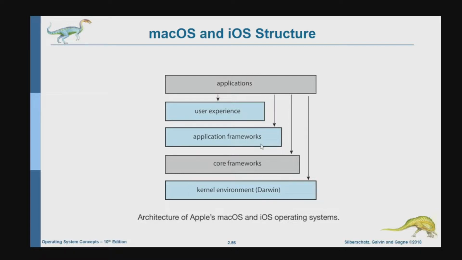The kernel environment for Apple products is referred to as Darwin. The application interacts with the user experience, application framework, and core framework, and it also interacts with the Darwin kernel environment. So basically, the idea is that for the Mac and for the iPhone, it has a quite similar structure.